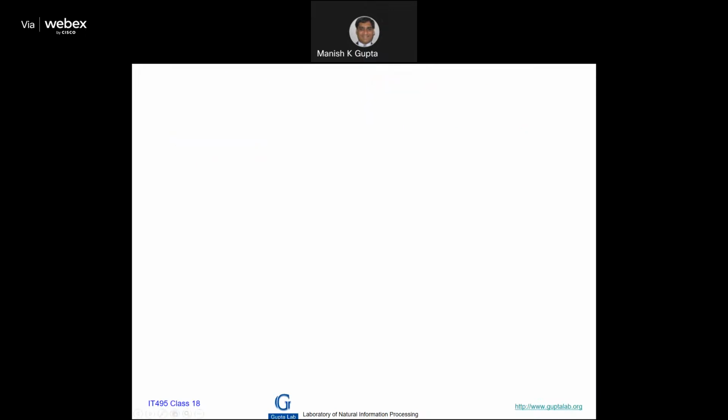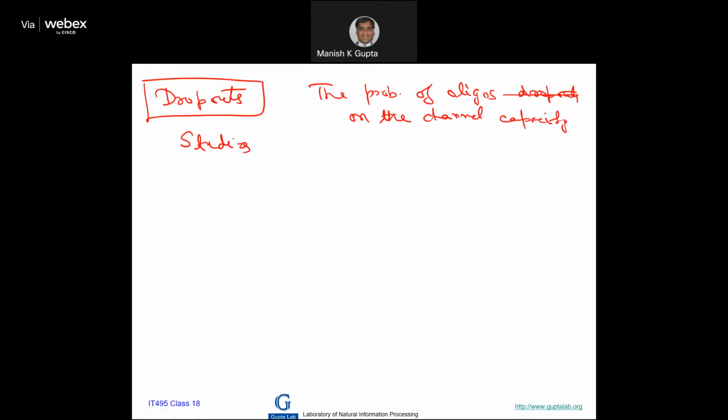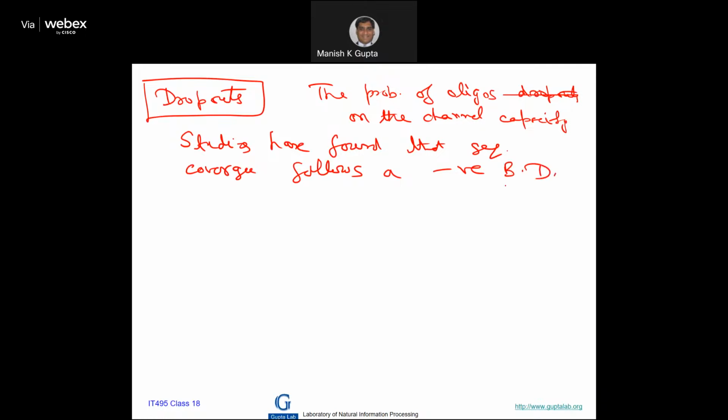Studies have found that sequence coverage follows a negative binomial distribution, with average mu and size parameter r.